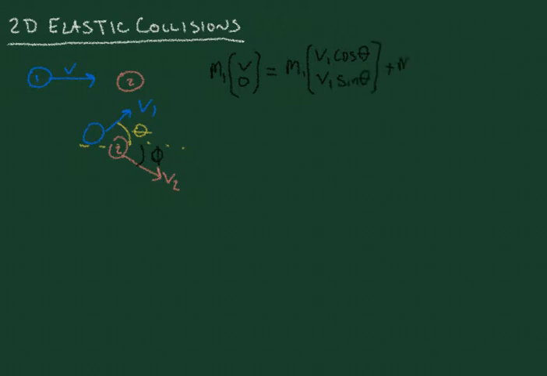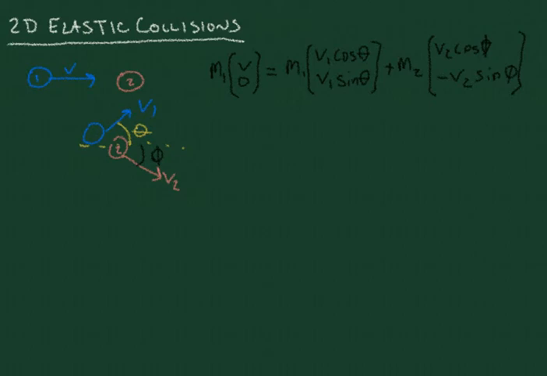And then the momentum of particle 2 is mass 2 times, the x component is v2 cosine phi. And as we all remember from our vectors exam, the y component is a minus v2 sine phi. I'm sorry, this should have been a phi as well. Right? So this is what conservation of momentum gives us.